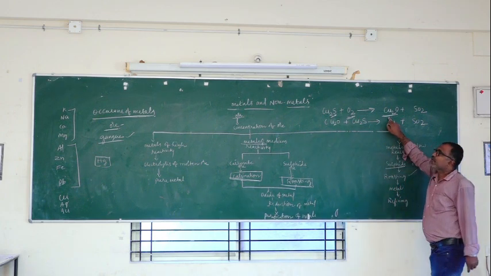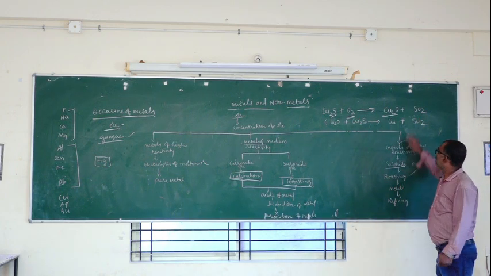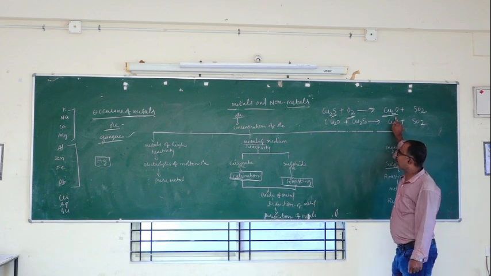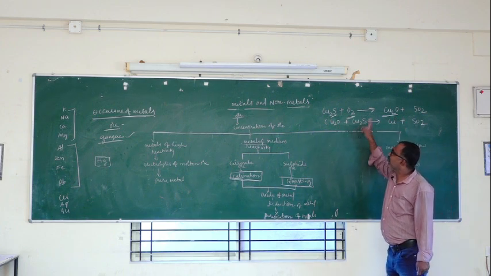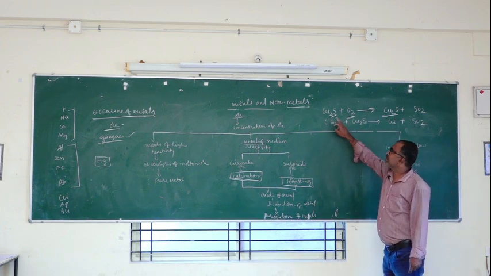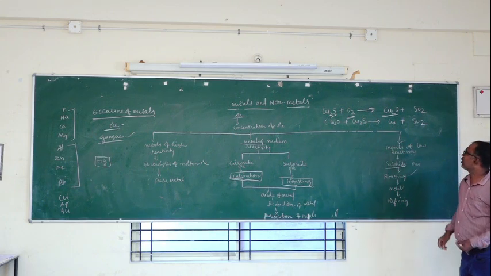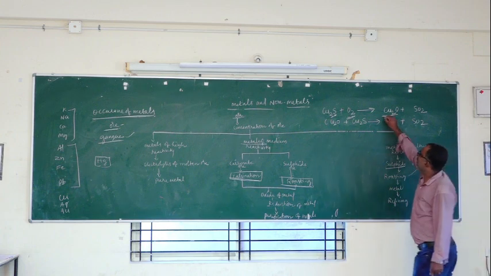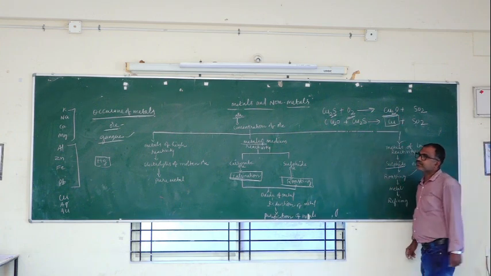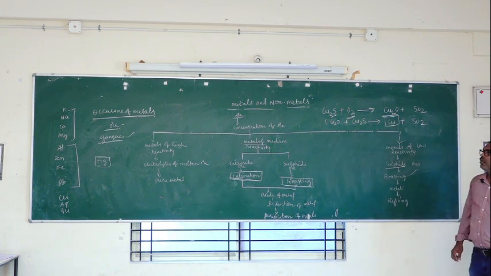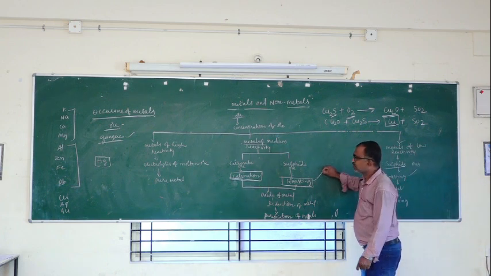We get copper oxide plus sulfur dioxide. After taking this copper oxide, it is once again heated with this chalcocite. We get copper plus sulfur dioxide. So finally, we get this copper. So this is one method, roasting.